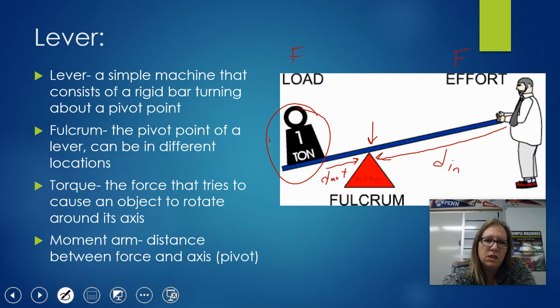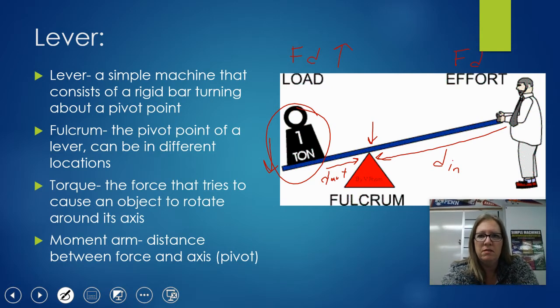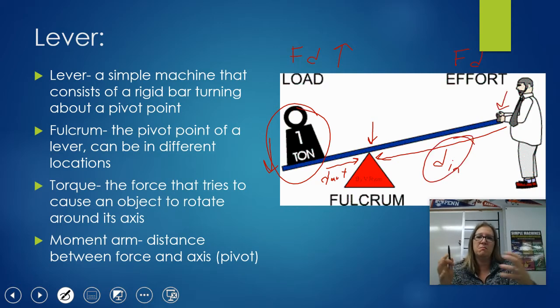The fact that this is lower tells us that the force times this distance is a higher number than this force times this distance. So we can adjust these things to make them equal. We'd have to move the fulcrum or increase the force in order to get that seesaw balanced, okay?